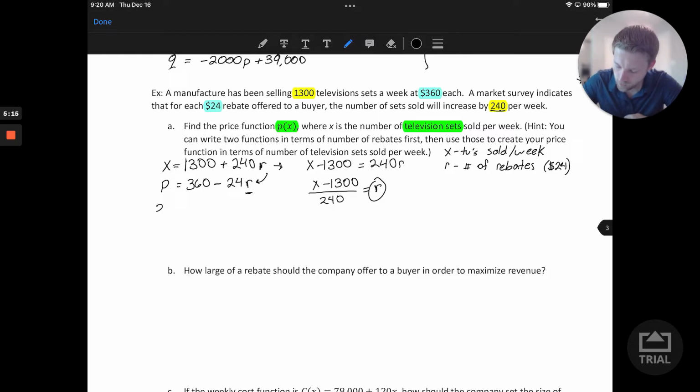So here's where we're going to get the P of X function. We'll still have that 360 from before minus 24, and then times X minus 1300 divided by 240.